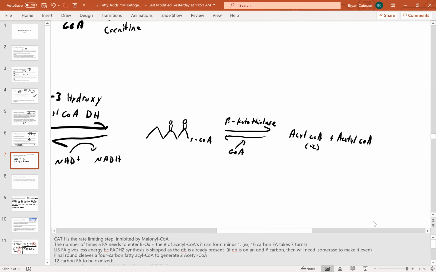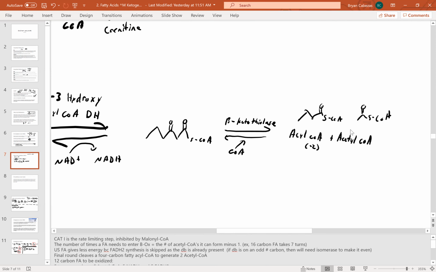Once that comes in and binds over there, you're going to have the release of this structure, and that'll be your acetyl-CoA. So you would have something like so. At the end, you have your acyl-CoA, it's just 2 carbons shorter, and then you have your acetyl-CoA.